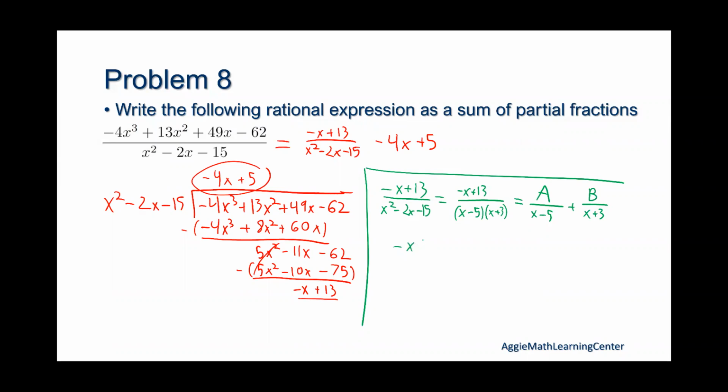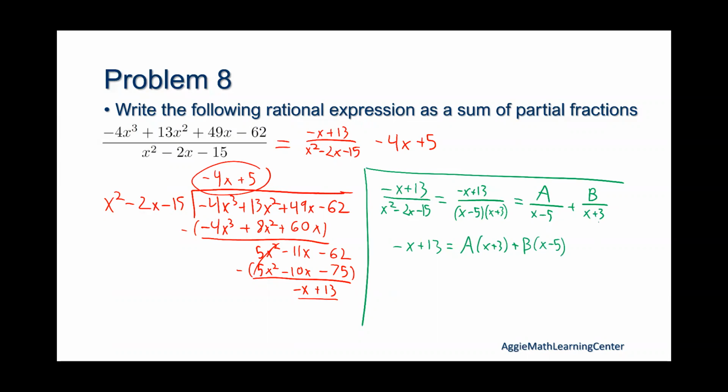So that gives us negative x plus 13 equals a times x plus 3, because the x minus 5 cancels. Same thing over here: we have b times x minus 5.